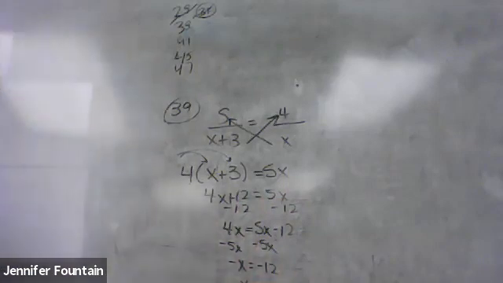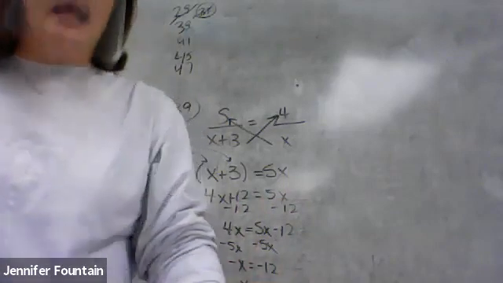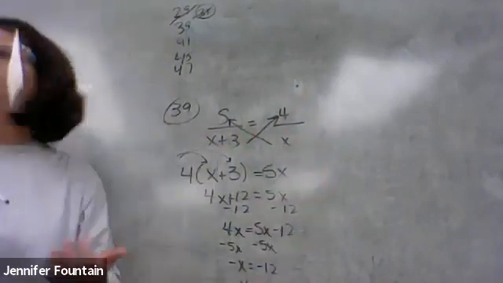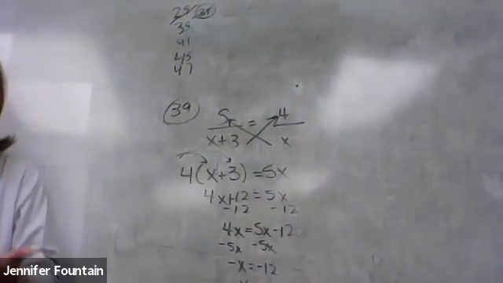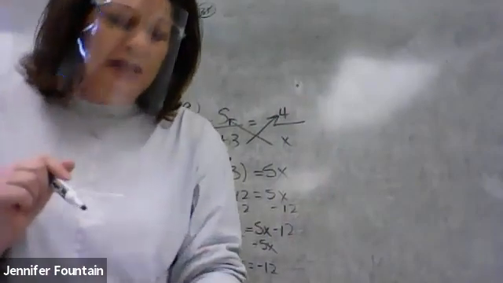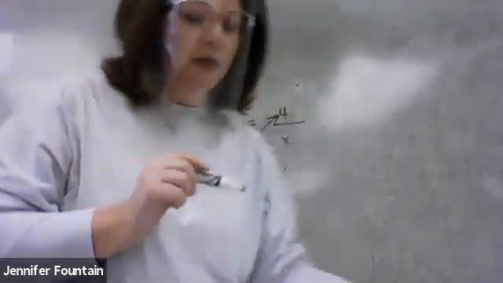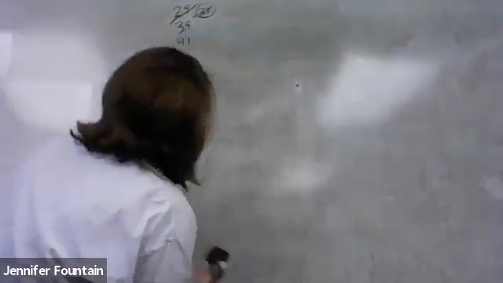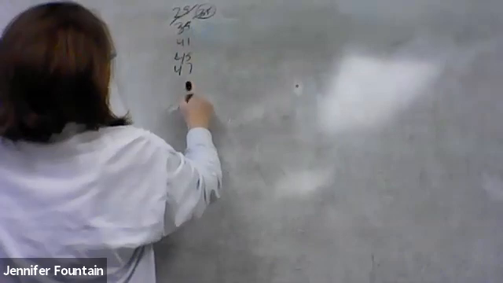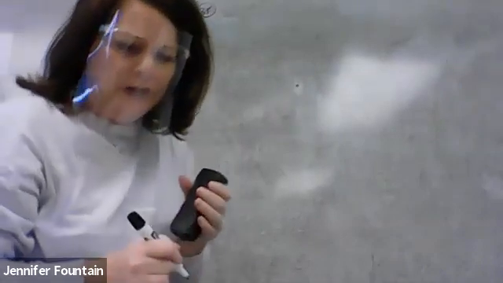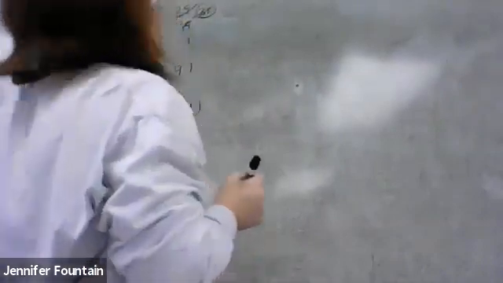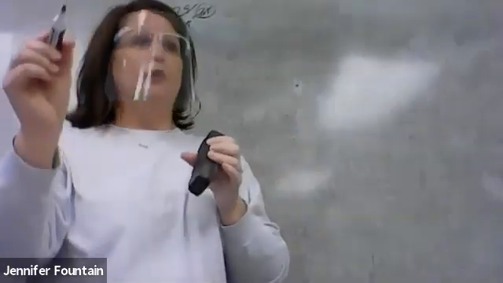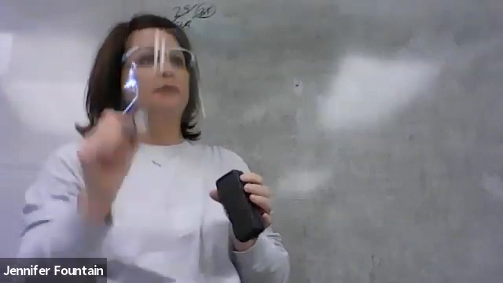There you go. Even if it has variables in it or variables plus an operation, you're just going to do it exactly the same way: product of the means equals the product of the extremes. So that was 39. Let's look at 41. Remember, was x equal to negative 12 or positive 12? x was positive 12 because it was negative x equals negative 12. So positive x is positive 12.